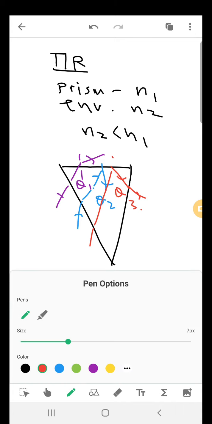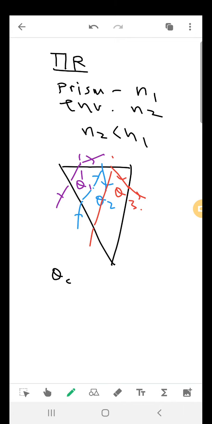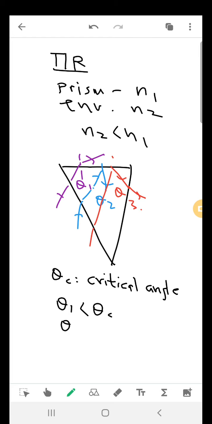So if we consider theta C as the critical angle, then theta 1 is less than theta C. Theta 2 is equal to theta C, and theta 3 is greater than theta C. So this is what is known as TIR, total internal reflection, for this case.